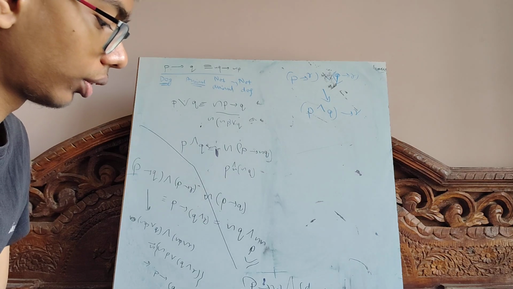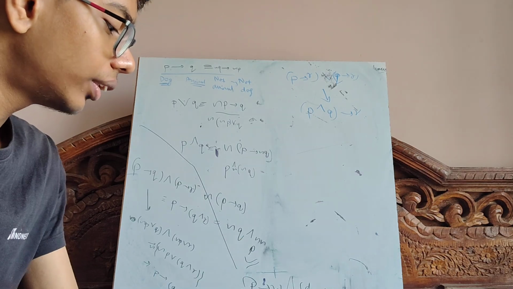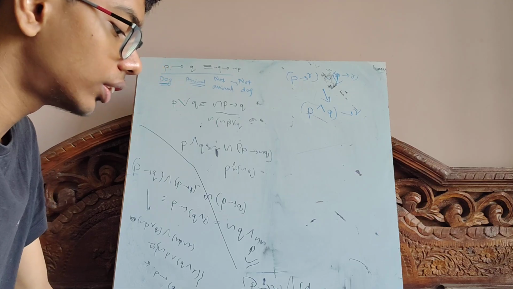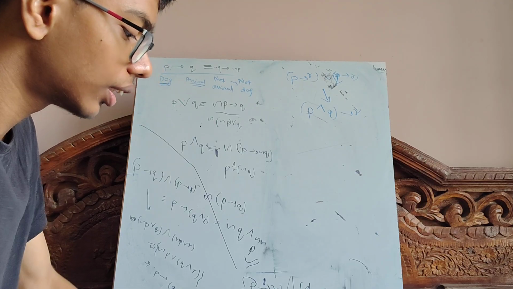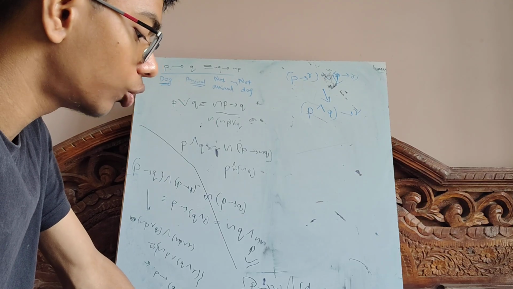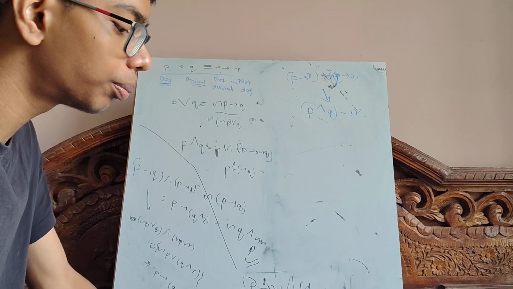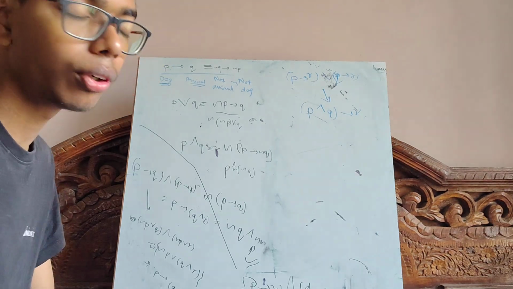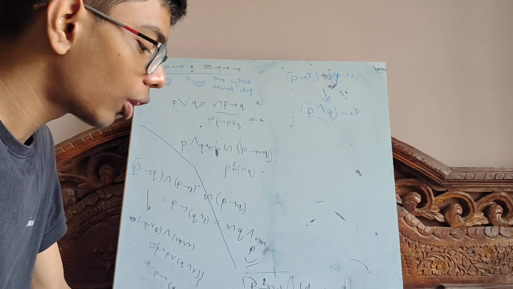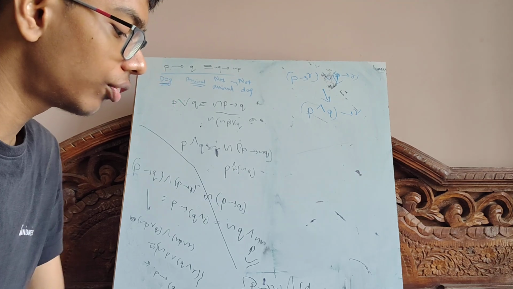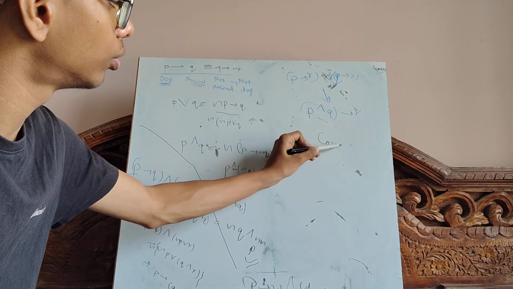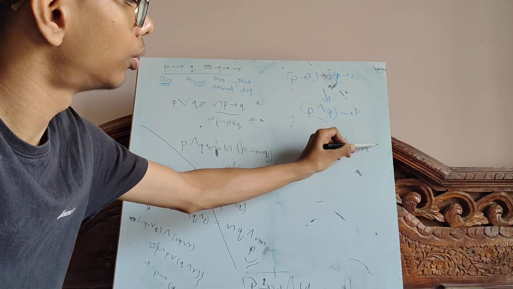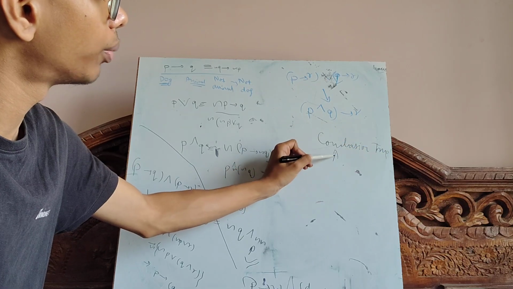Now, what is an argument? An argument in propositional logic is a sequence of propositions. The final proposition in the argument is the conclusion and all other propositions in the argument that are assumed to be true are premises. Now an argument is valid if the conclusion is true.